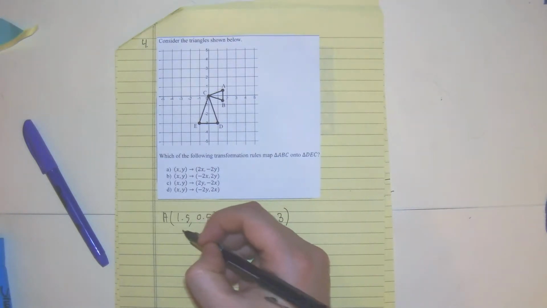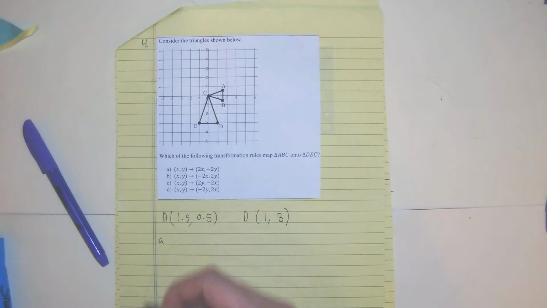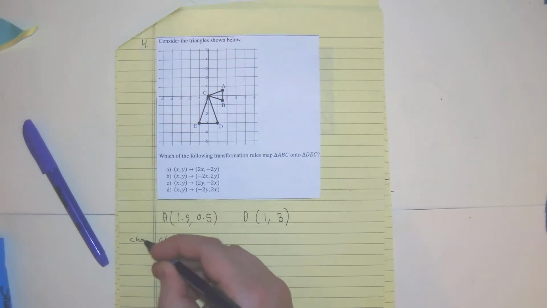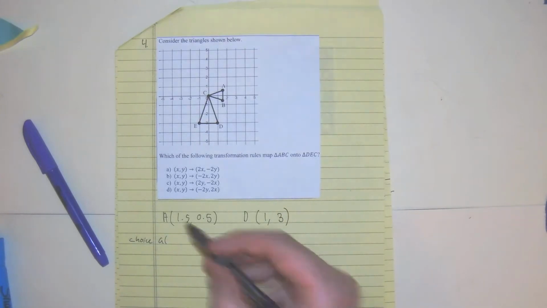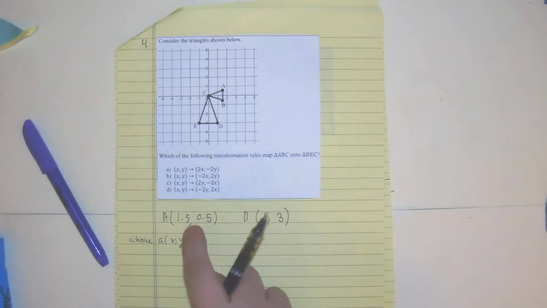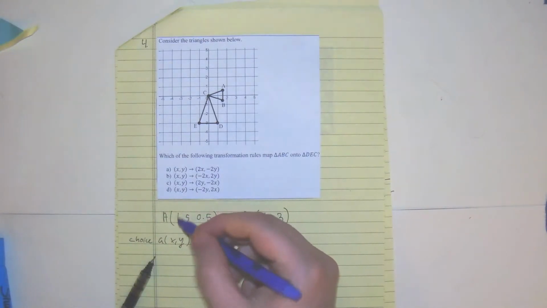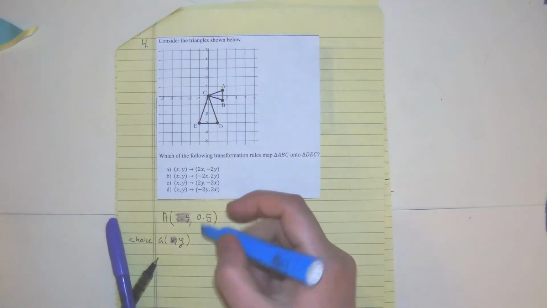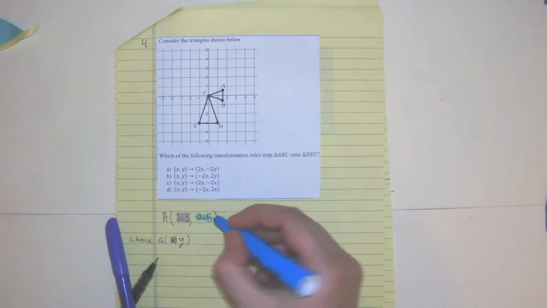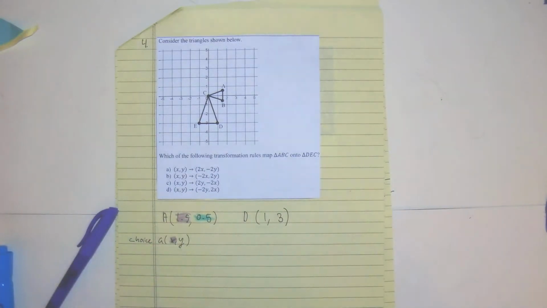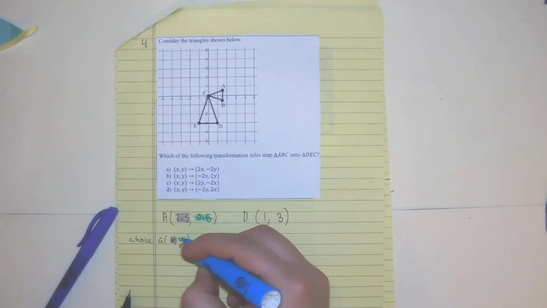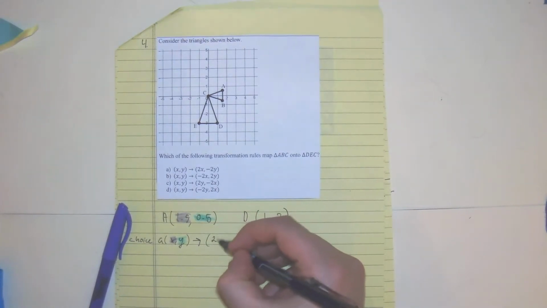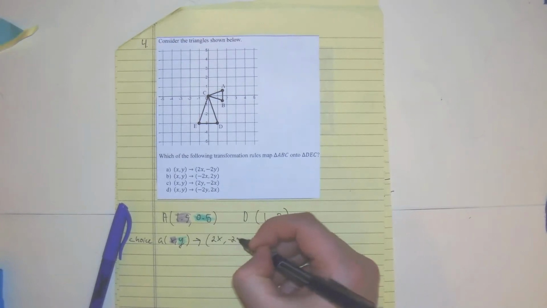If we use X to Y, so let's use part A. So we're going to go, this is choice A. We're looking at choice A, which states X to Y being the original, 2x, comma, negative 2y.